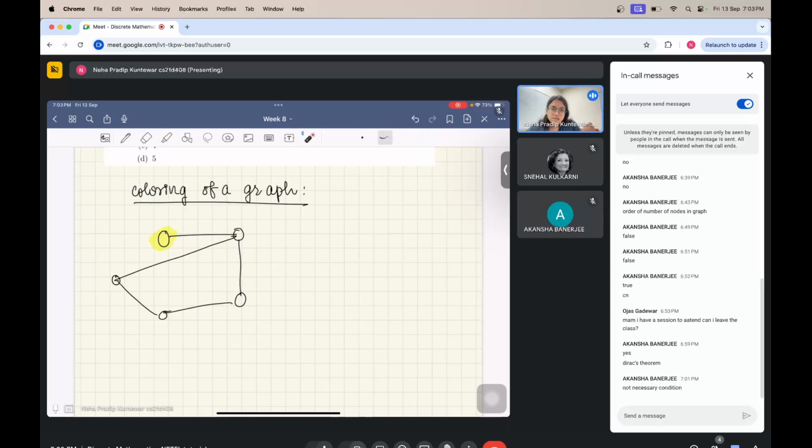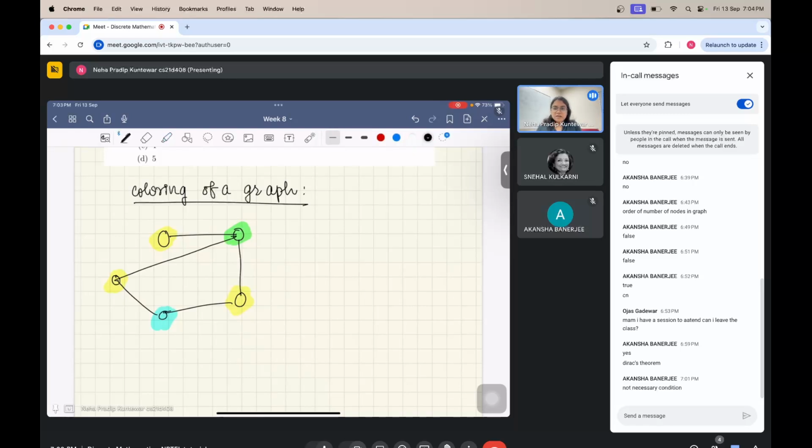Now the way in which I'm going to color is that if this vertex is yellow, I can't color its neighbor with yellow because I want them to be distinguishable. So now I'm forced to color this guy with some other color. Let's say I color it with green. Now I can color this guy with yellow and this guy with yellow. I can't do it with green, because then there would be neighbors which have the same color. And now let's say I color this one with blue. So I ended up using 3 colors in this case.